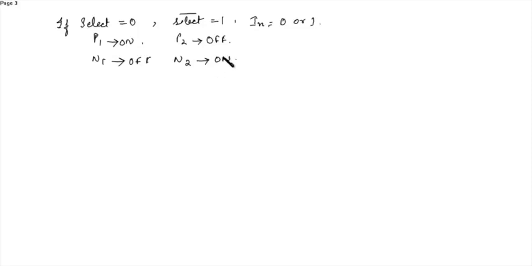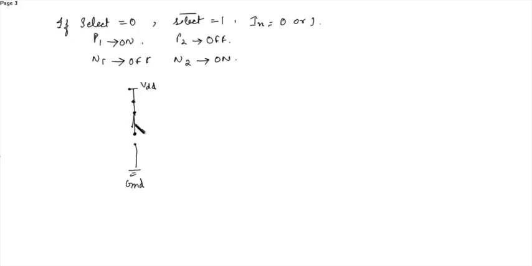So in that condition, this is a VDD, this is a short circuit, then this is the open circuit, and this is connected to ground.